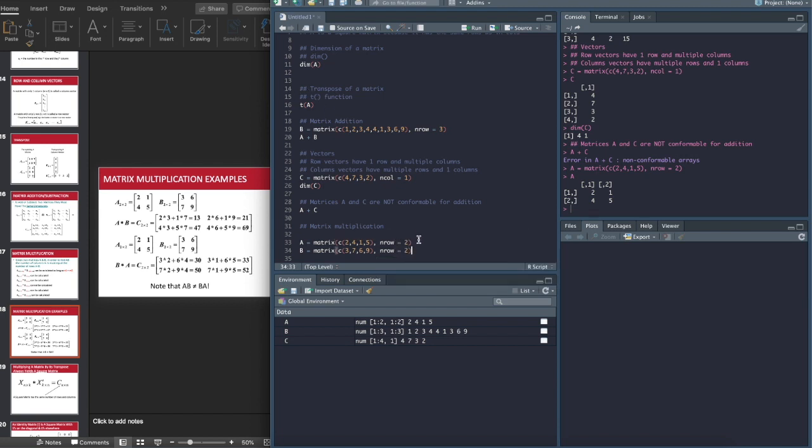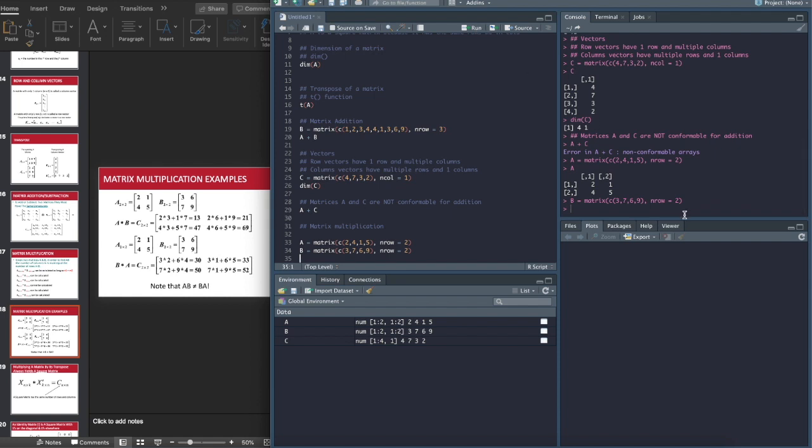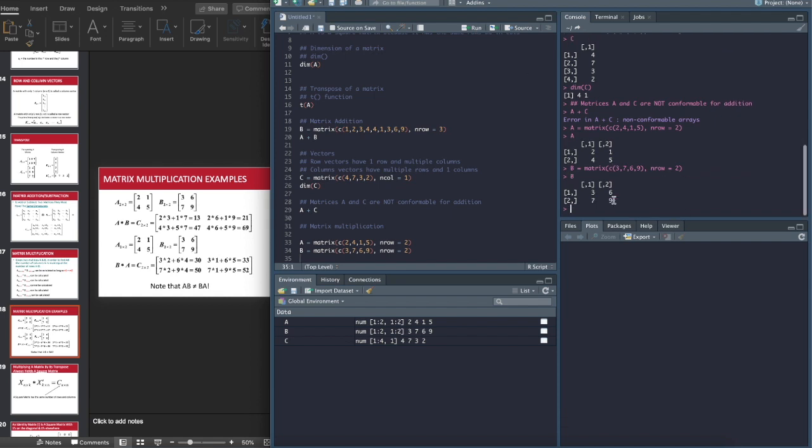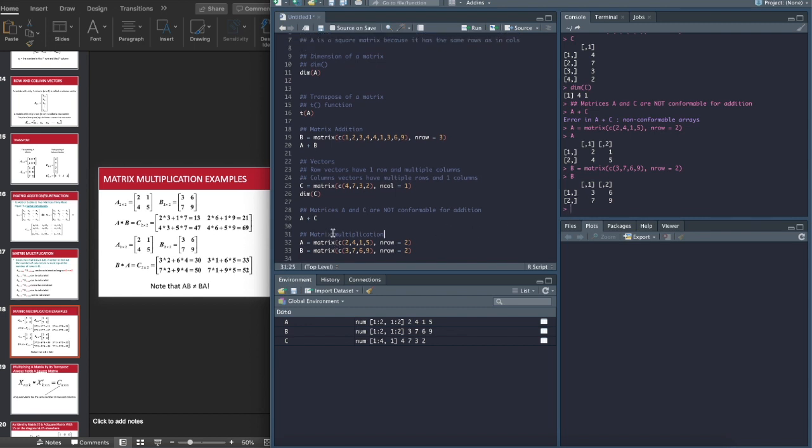Okay, so we have matrix A and matrix B. Both matrices are 2 by 2, so these two matrices are conformable for both addition and multiplication. But the way that you would look at multiplication is that the columns of matrix A have to match the rows of matrix B.